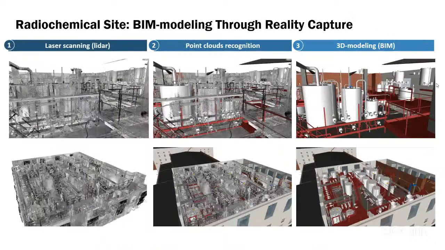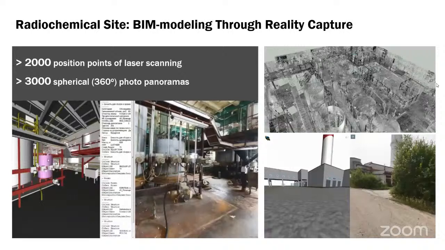The second step, we did laser scanning. We provided laser scanning of all the facilities, compartments, areas, and added this information, after point cloud recognition, inside the beam model. So we corrected our beam model to reflect the actual engineering configuration of the facility.